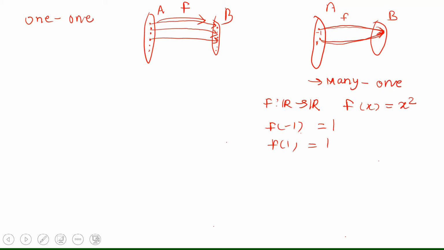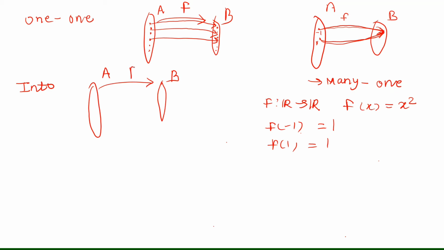Now let us see what is into. Suppose you have two sets A and B with function f and elements of A and B like this. Then if there exists at least one element of B which is not connected to A, then it is said to be an into function. So here two elements are not connected to A, so it is an into function.